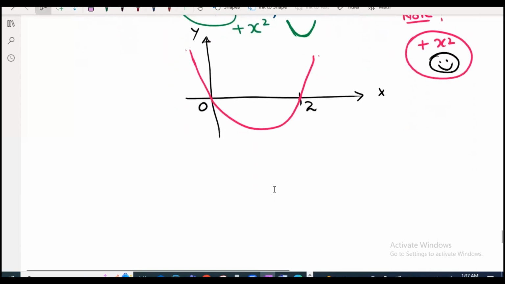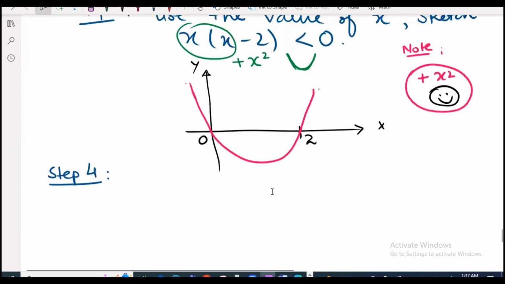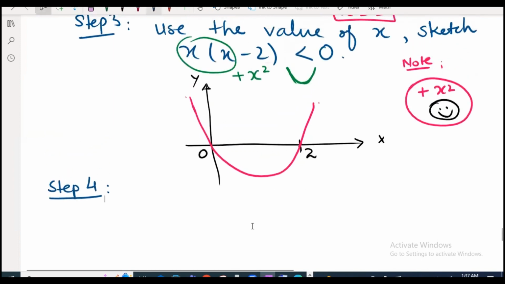Step number 4. Okay, before step number 4, this is the graph for x times x minus 2 lesser than 0.